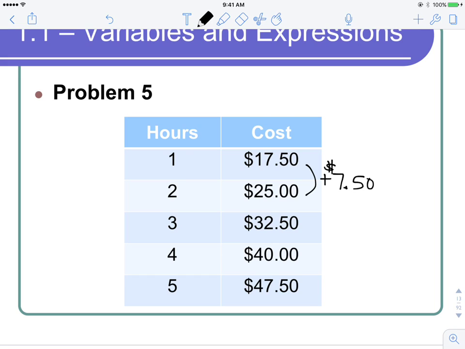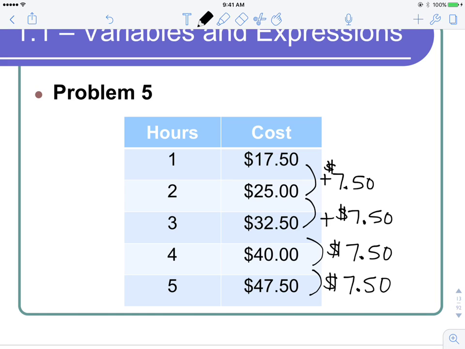And we should see if that's going to be the same as we increase the number of hours. So if we go from 2 to 3 hours, that's also increasing by $7.50. And again, from 3 to 4 hours, and again, from 4 to 5 hours. So it seems as though the price increases by $7.50 each hour.